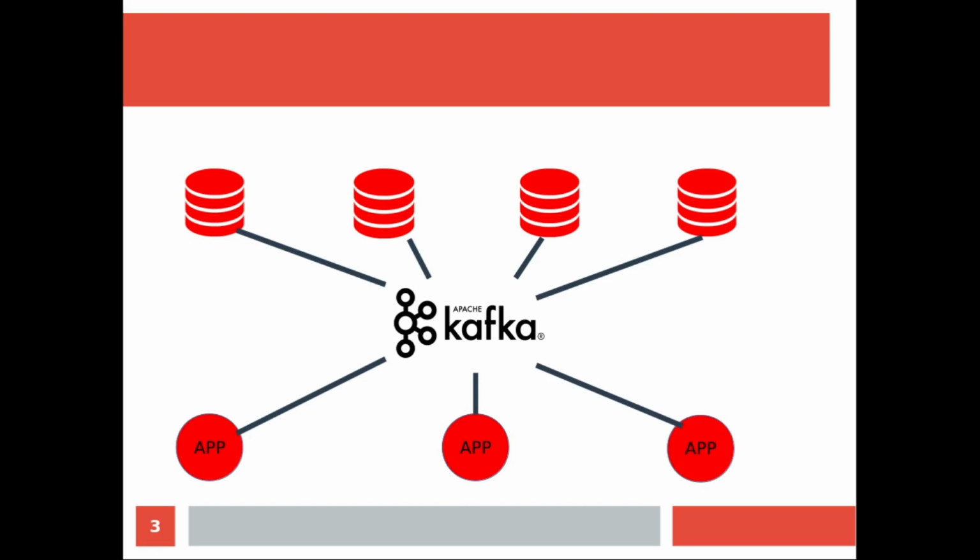And then if we would like to add an additional data source, we just need to connect this data source with Kafka, and then our applications would easily have this data ready to consume or to use.